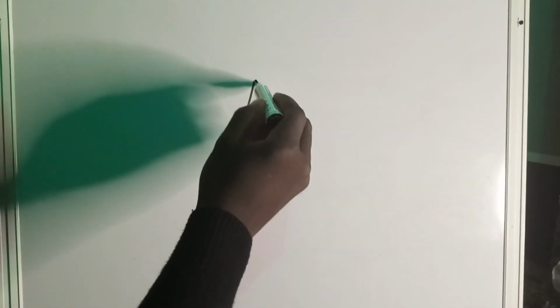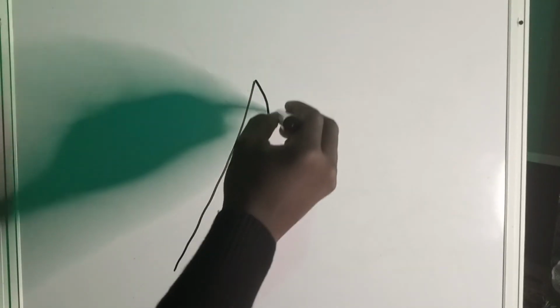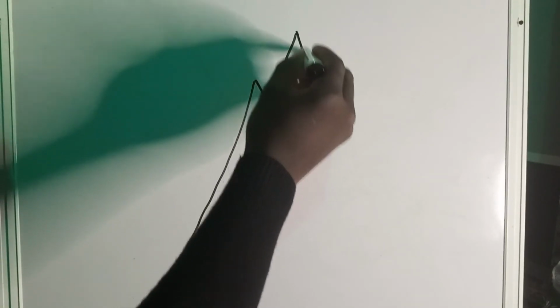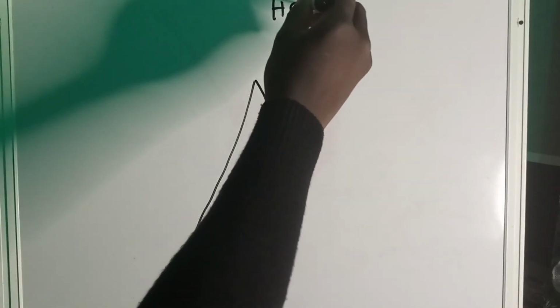Let me talk about the last chart pattern that we will be looking at, the head and shoulder pattern. And this is how it is formed. You have a bullish move, you then have a pullback, which will give you the left shoulder. Then price breaks above and pulls back, giving you the head.